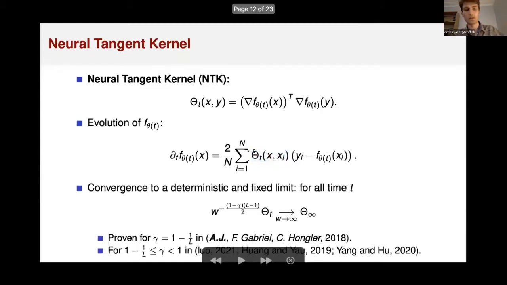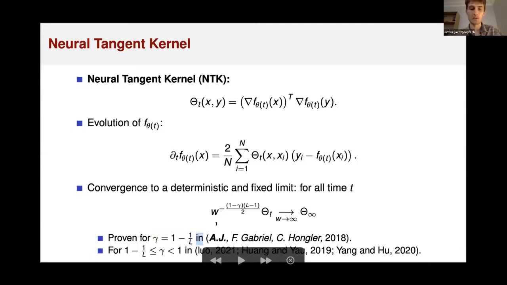But what we showed is that as the width grows to infinity, this NTK converges to a deterministic and fixed limit, with some rescaling because it's a slightly different setting than in the original paper. This was a result that we showed in one specific case, which is equivalent to taking gamma to 1 minus 1 over L. So this was the largest possible initialization in a sense.